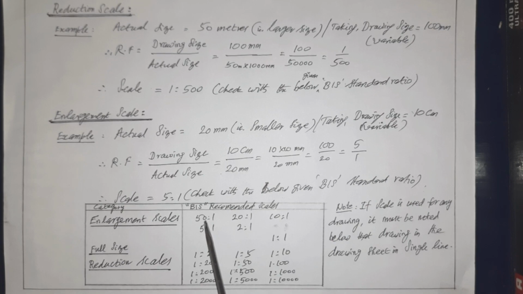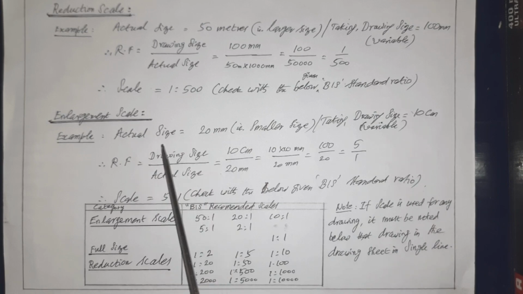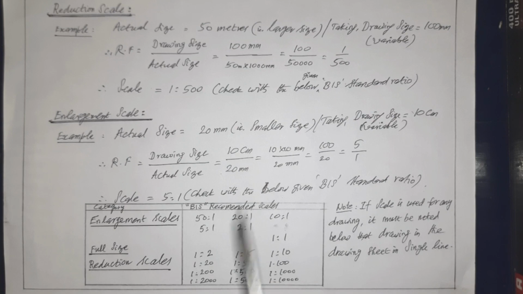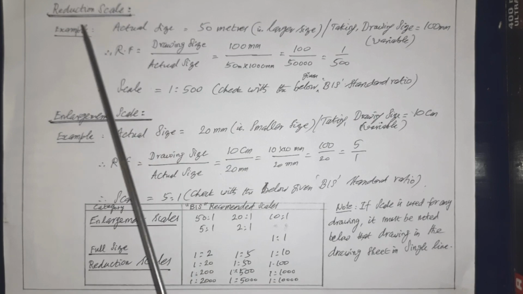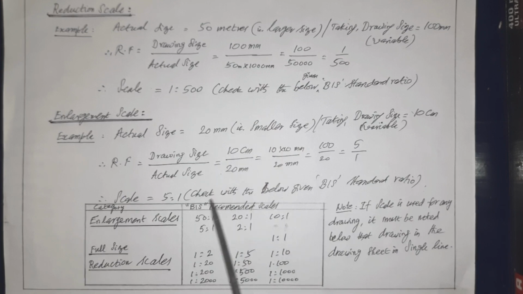Here also, if it is not within the standard value list, then we have to change the drawing size to suit this, because the object size, that is the actual size, cannot be changed. Avoid confusion between the reduction scale and the enlargement scale. Remember always, the right hand side value, that is this 500, or it may be a 1, is the actual size in both cases.